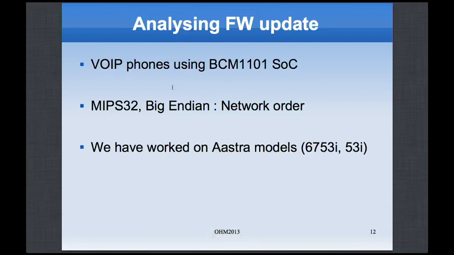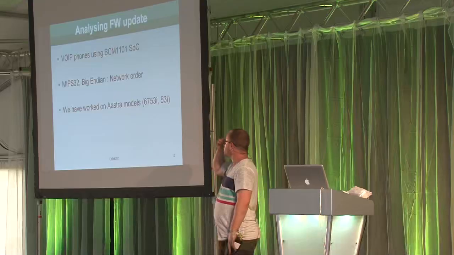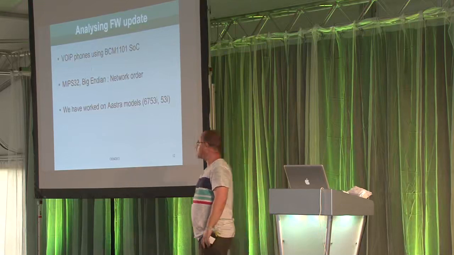We will be focusing on a VoIP phone using the Broadcom BCM 1101 system on chip that he has been talking about previously. We already know that it's MIPS 32 bits, probably big endian. We have been working on the Astra brand.